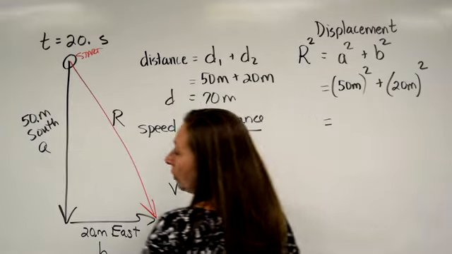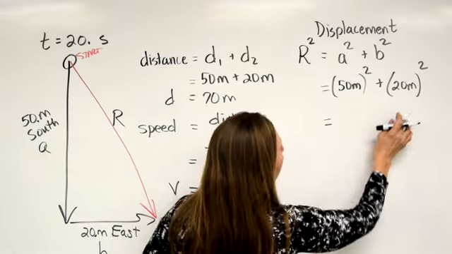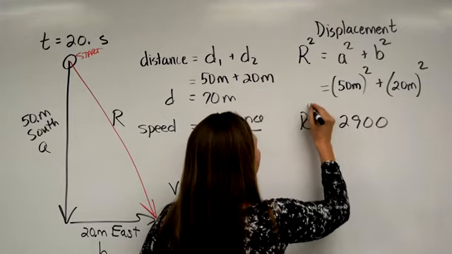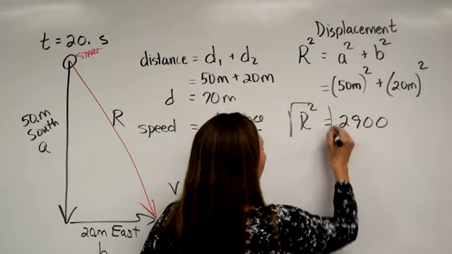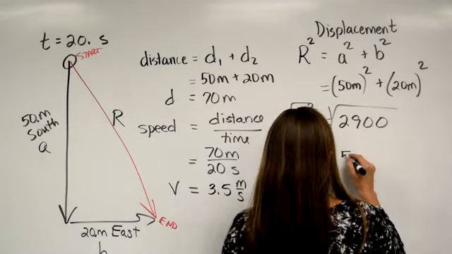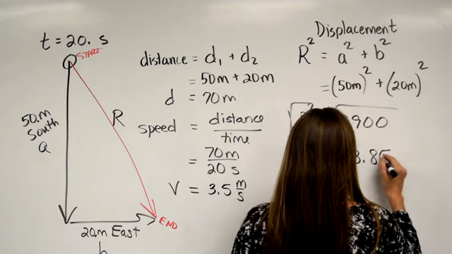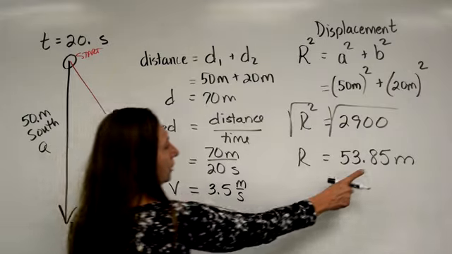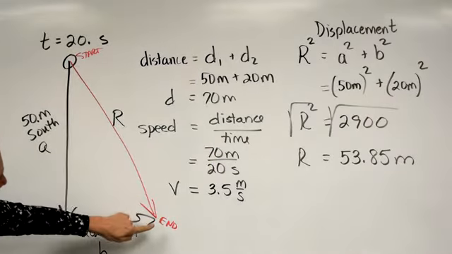So that's going to be 2,500 plus 400 is 2,900. And the square root of 2,900, we've got approximately 53.85 meters. So that's our displacement right there.